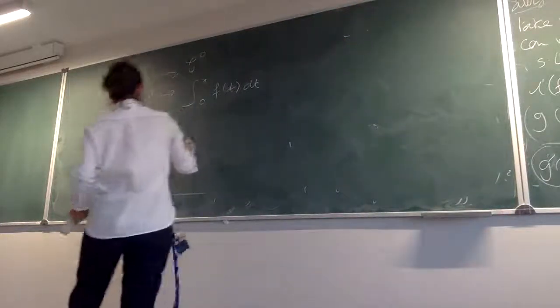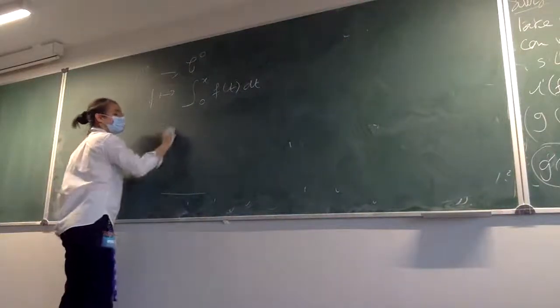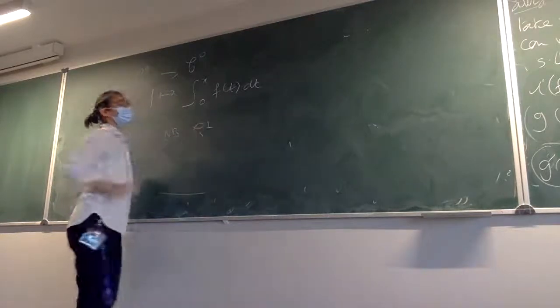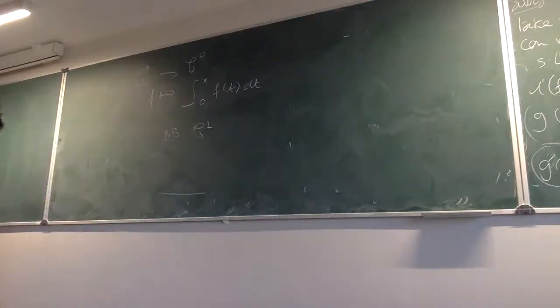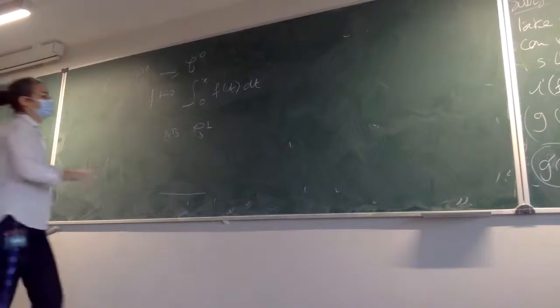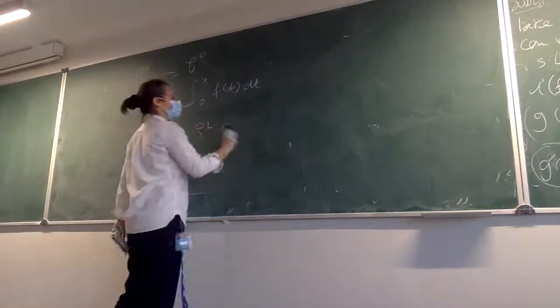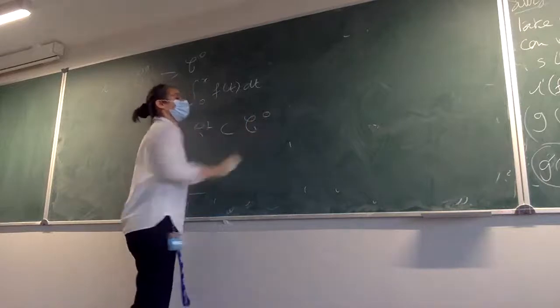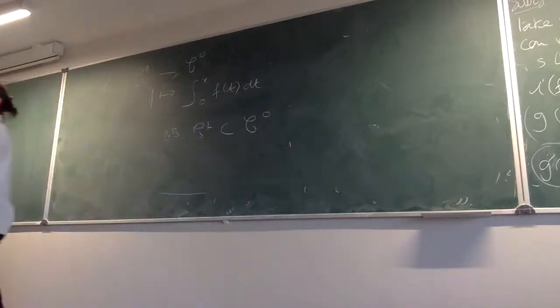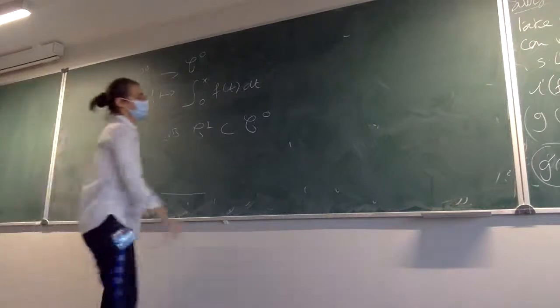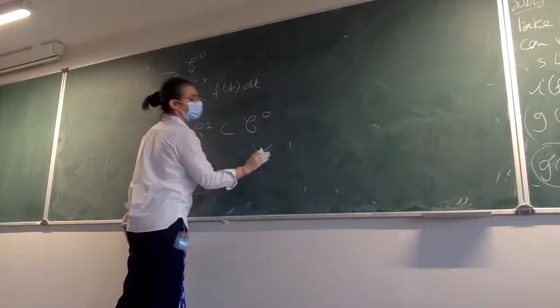A reminder: functions that belong to C1 are continuous and their derivative is continuous. It is a strict subset of C0, functions that are only continuous. Some continuous functions may not be differentiable. Typical example: the absolute value.